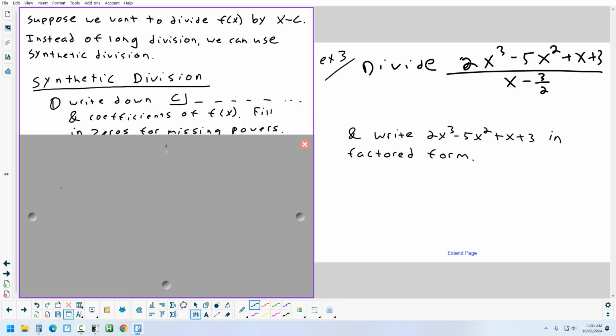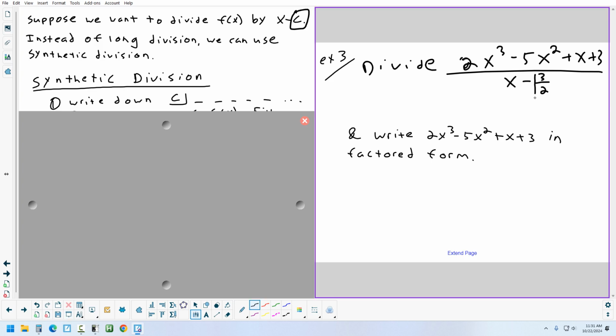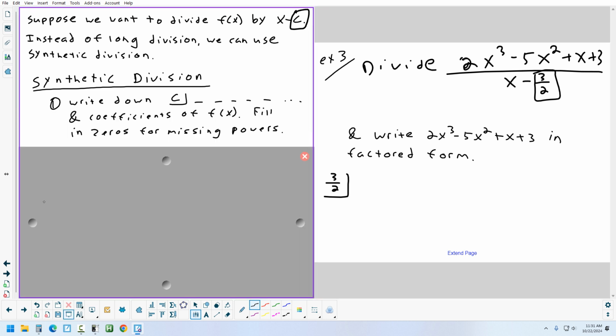So what we're going to do is take the number that comes after the minus sign, just like with the remainder theorem, put that number on the outside of a bracket. Just like that. On the inside, we're going to write down all the coefficients of the numerator. F of x is the numerator. That's what's in the top.